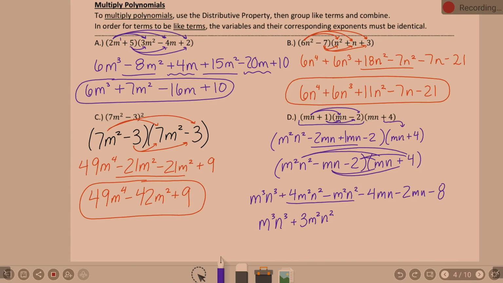And negative 4mn minus 2mn is minus 6mn. And don't forget your minus 8 to end it.